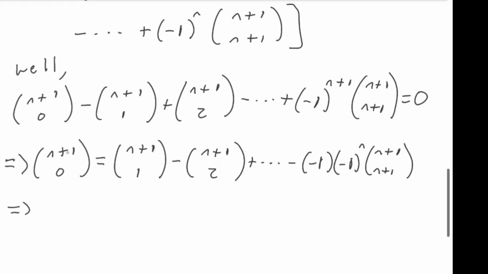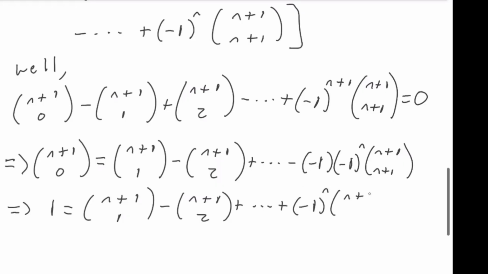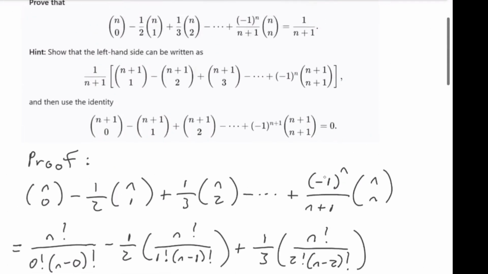And then n+1 choose 0 is, of course, 1, and that's equal to n+1 choose 1, minus n+1 choose 2, plus, and this will turn into plus, right? Because negative is positive, plus (-1)^(n+1) times n+1 choose n+1. So look, using this identity, I was able to show that inside of the brackets here, right, is 1. Okay?